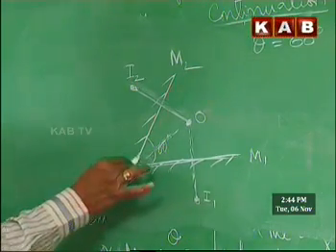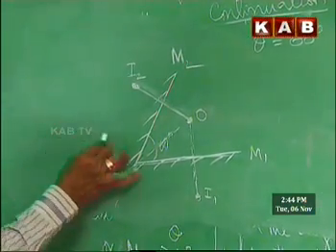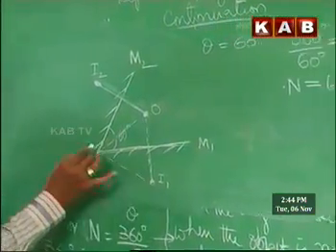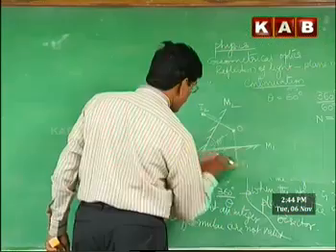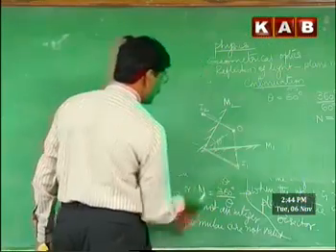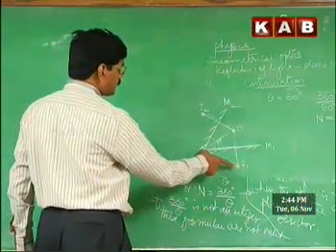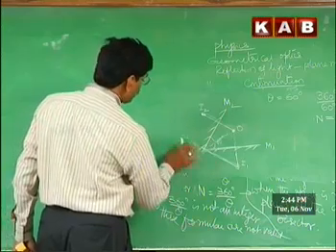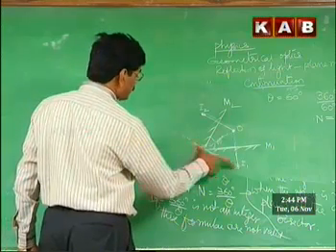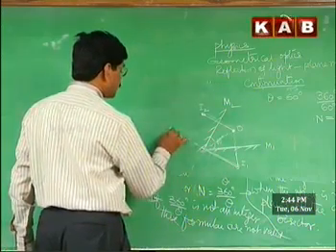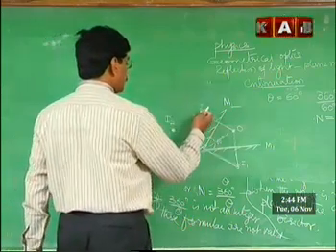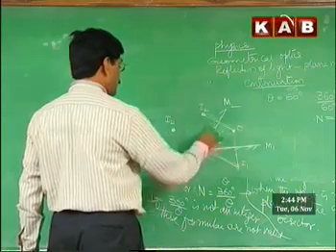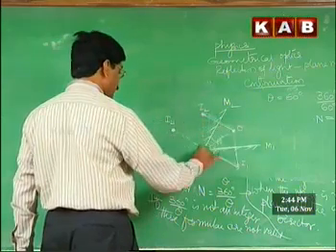So therefore, when extrapolated, as this distance is the object distance for the second mirror, image will be formed at the same distance, that is I21.